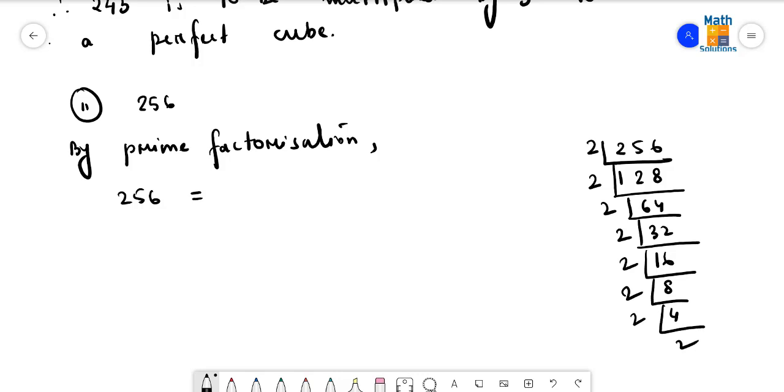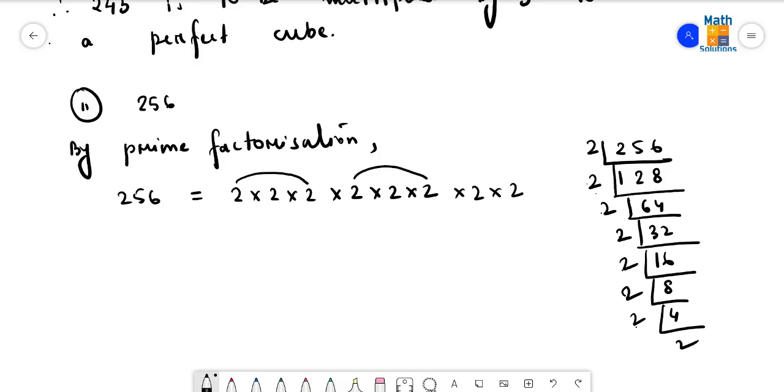How many 2's do I get? 1 2 3 4 5 6 7 8. There are 8 2's here. 2 into 2 into 2 into 2 into 2 into 2, and 2 more 2's are there. So this is grouped, this is grouped.